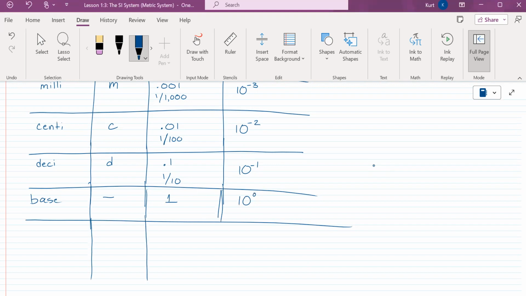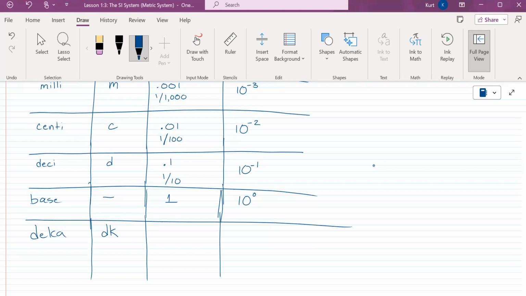Now we're going to get bigger than the base units. The first one is going to be deca. Any clue on what the symbol for deca would be? Keep in mind what deci is. Capital D? No. DK. Why is it DK, not just D?